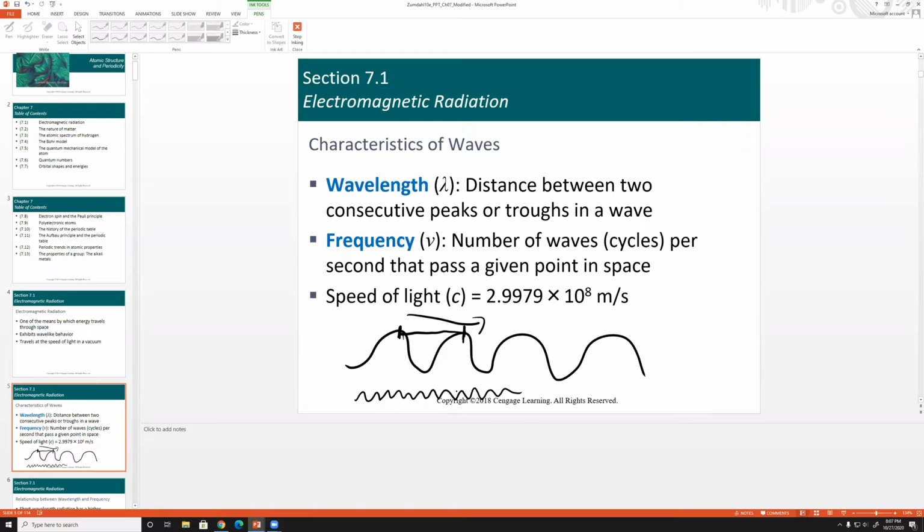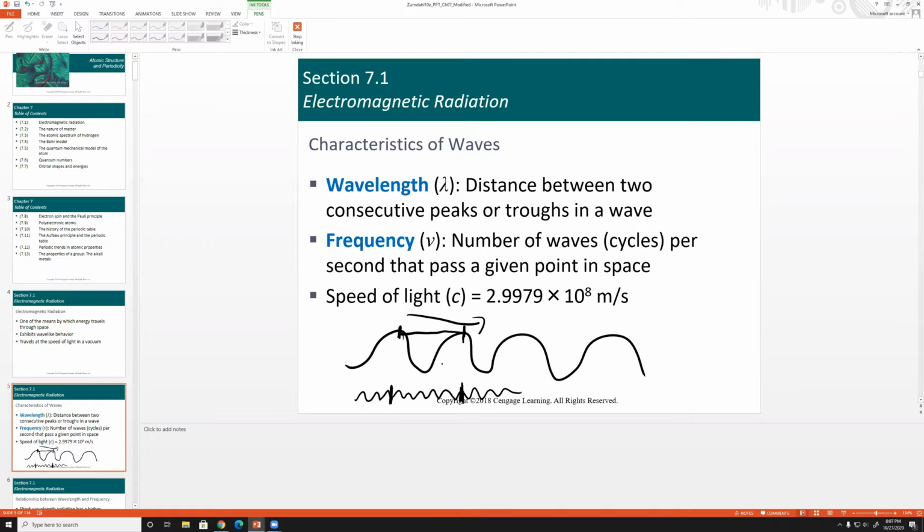If you look at the higher frequency wave, in the same amount of time that this peak to peak of the lower frequency radiation goes through, already 1, 2, 3, probably 4 or 5 waves of the higher frequency one have gone through.